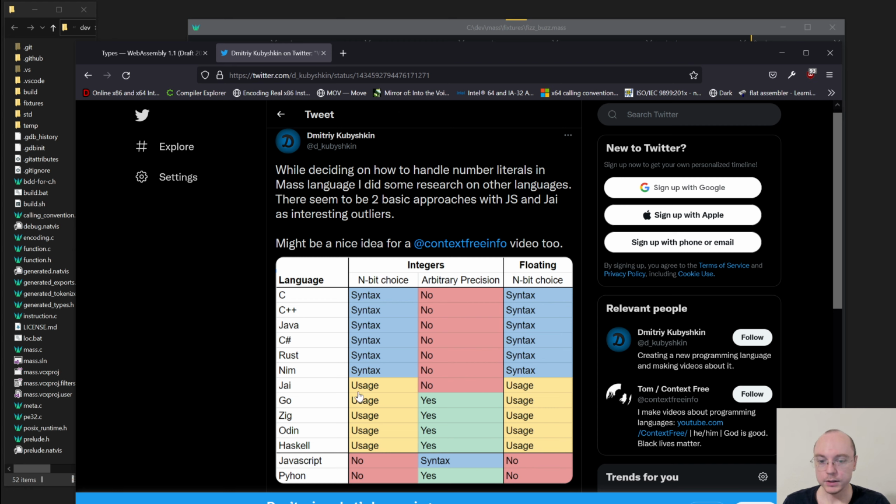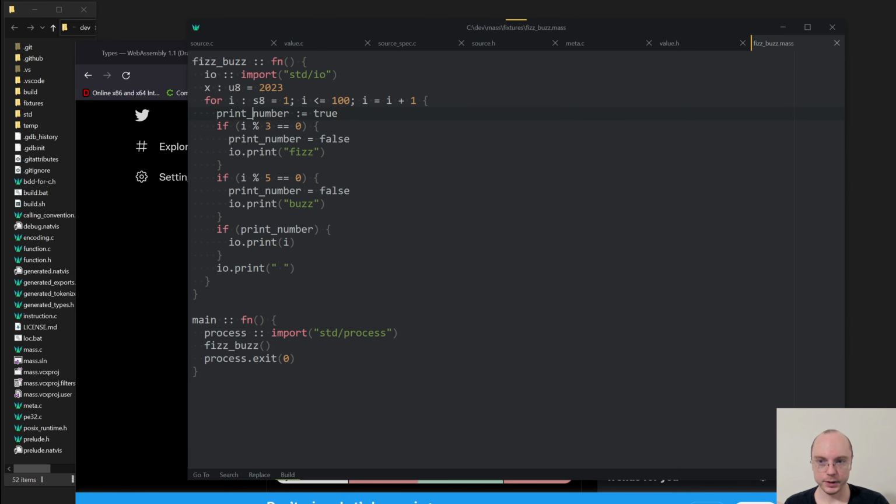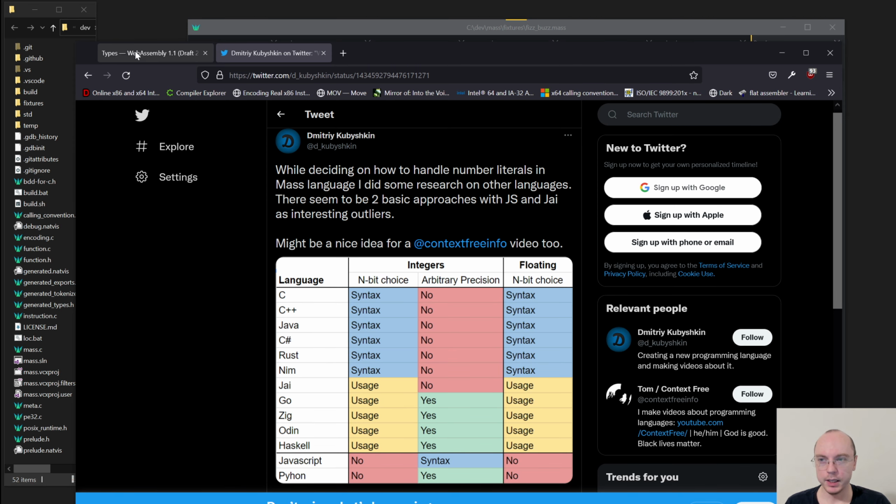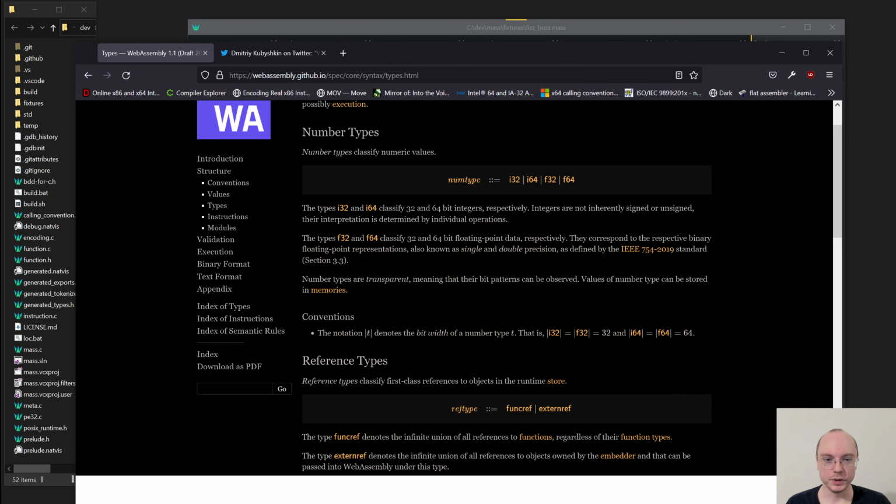Okay, so getting back to integers, what am I going to do about them? The plan that I have right now is to introduce a new type, and as you might have noticed, I also have WebAssembly open in an extra tab.